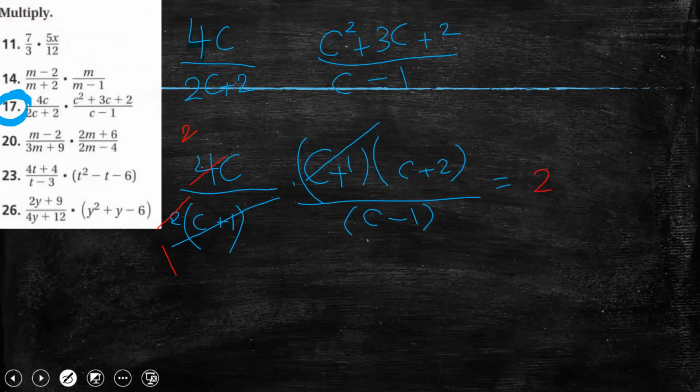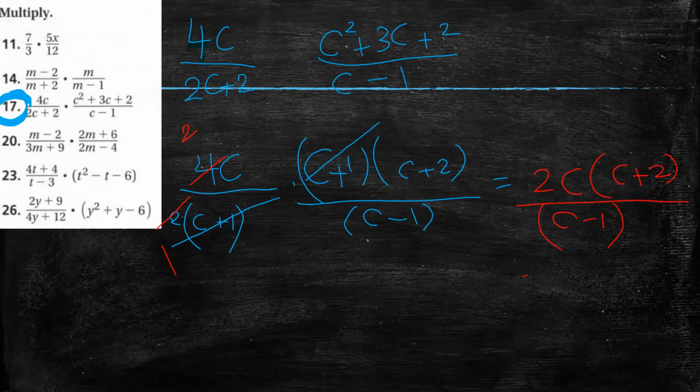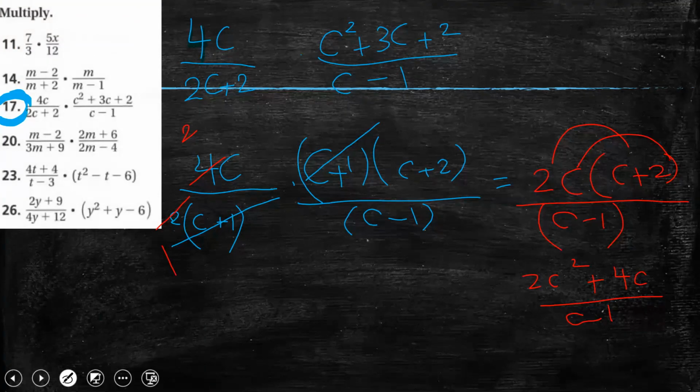So I have 2c times c plus 2 over c minus 1. This is what we get when we multiply these two rational numbers. So I have 2c squared plus 4c over c minus 1. I just distribute: 2c times c gives 2c squared, and 2c times 2 gives 4c. This is, as we said before, how we multiply two rational numbers.